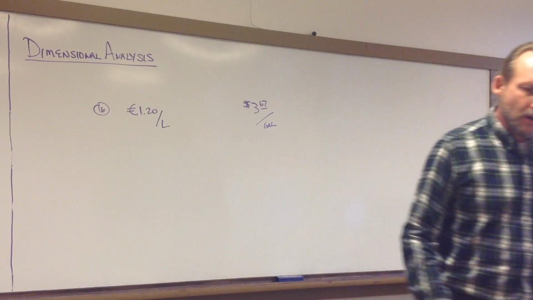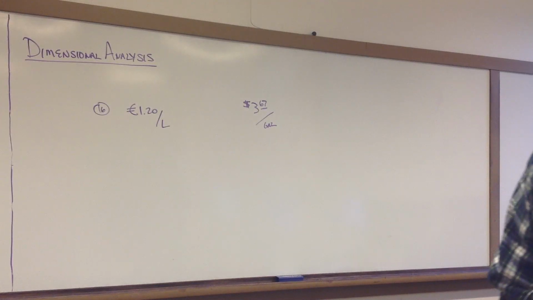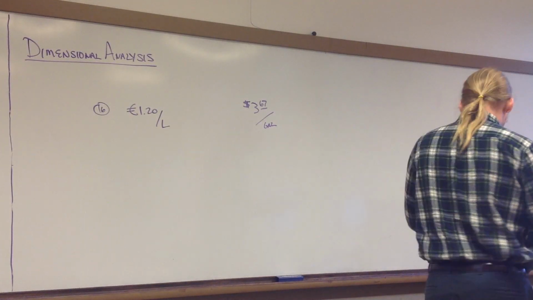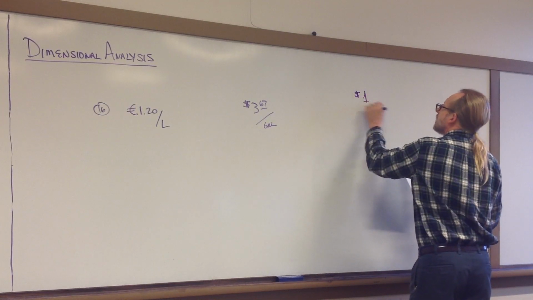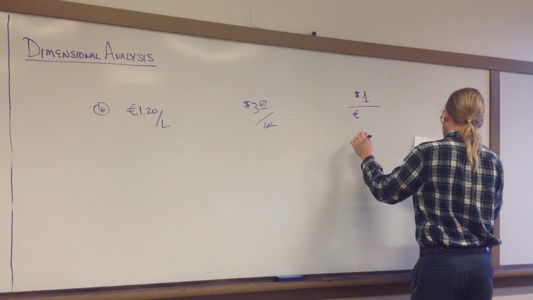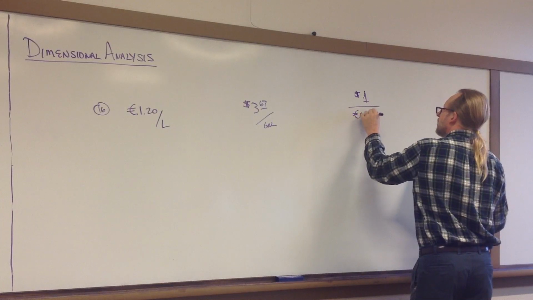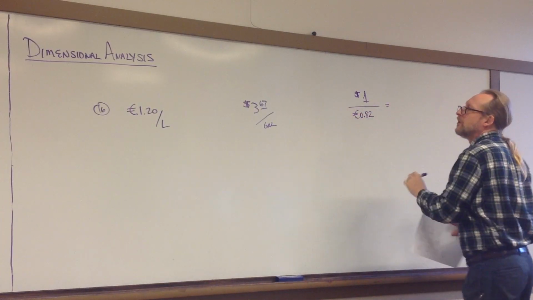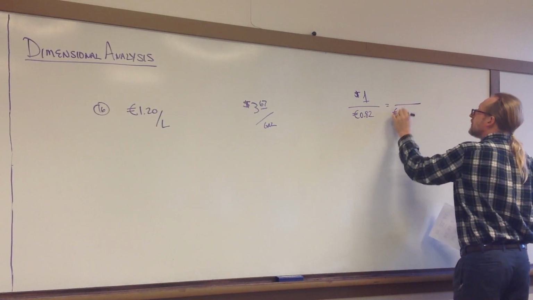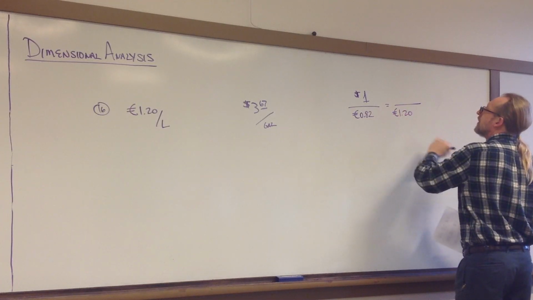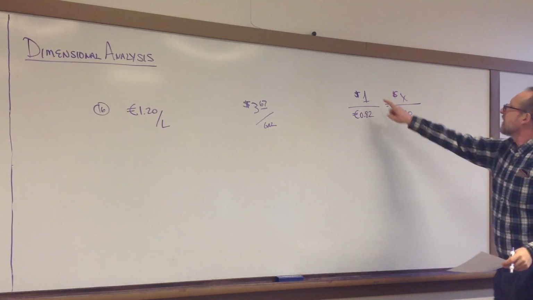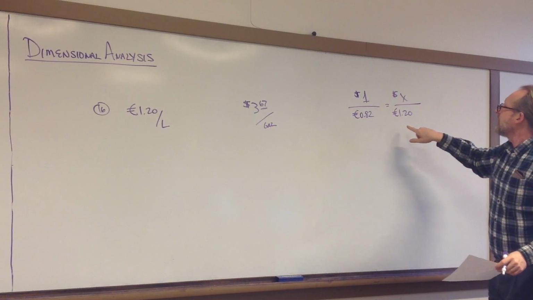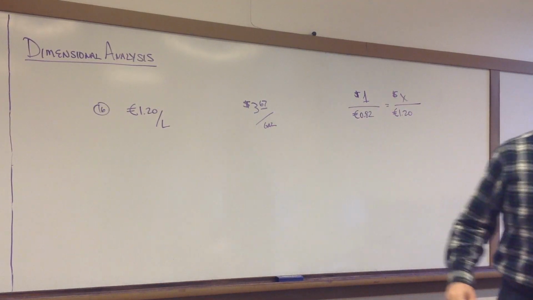All right. So let's see, what's our conversion factor here? We know that $1 is 0.82 euros. So if we want to convert 1.20 euros, then that'll be X dollars. So we want to go 1 times 1.20 divided by 0.82.